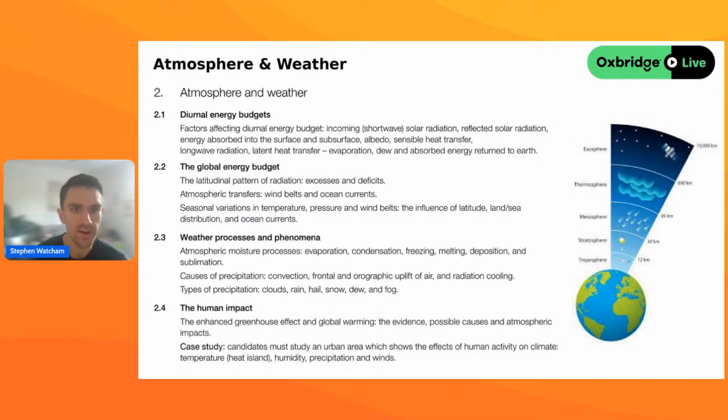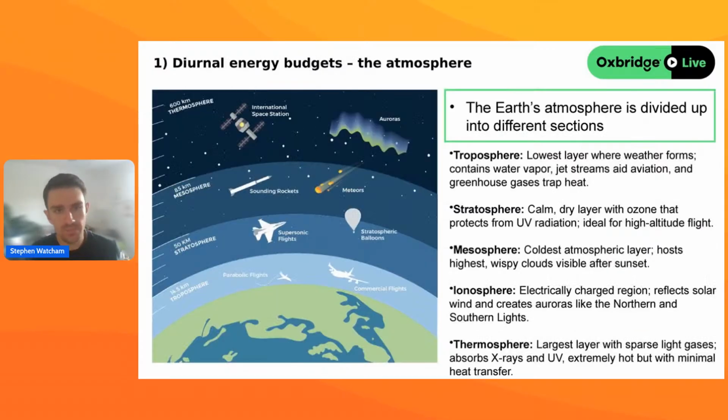We've also got long wave radiation, latent heat transfer, evaporation, dew, and absorbed energy returned to the Earth. Lots of keywords in there. Essentially, this first part is looking at how the energy budget works, how the atmosphere is set up, and what the energy transfers are coming into and out of our atmosphere.